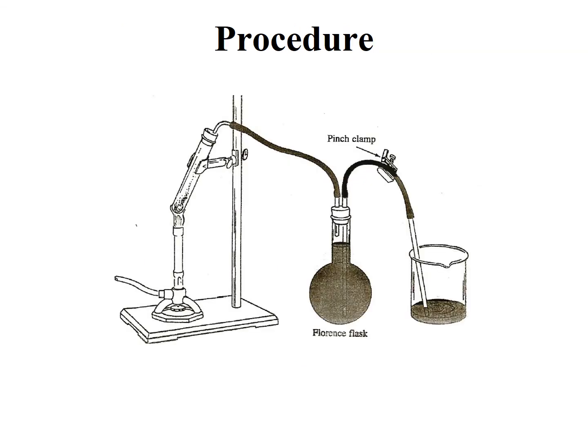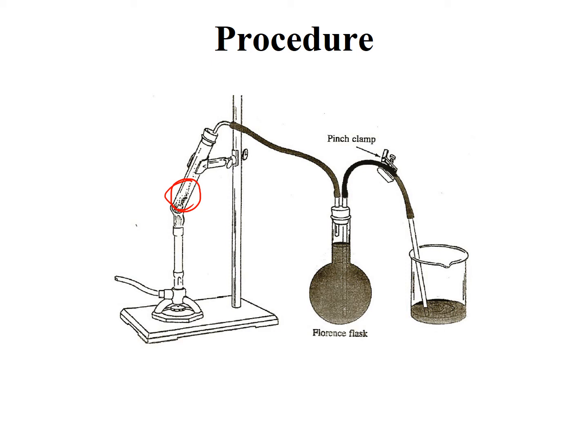For the thermal decomposition setup, we're going to weigh a certain amount of KClO3 and place it in a test tube. We're going to have a setup like this. We have a Florence flask that contains water. We have to make sure that it's sealed properly, because that's the only way we can determine how much volume of oxygen was produced.